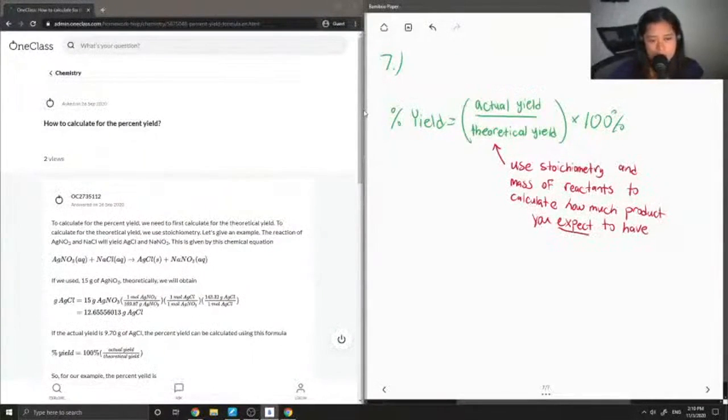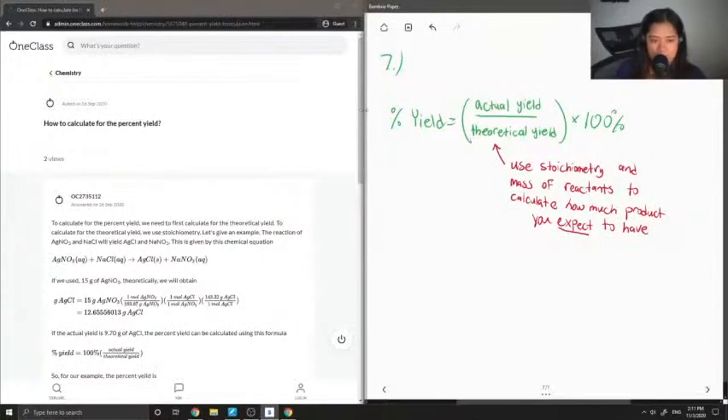So in an ideal world, if you do an experiment and you want to calculate a certain amount of water, we should be able to calculate how much we expect to produce, and it should ideally be the same as our actual yield. But most of the time this isn't the case.